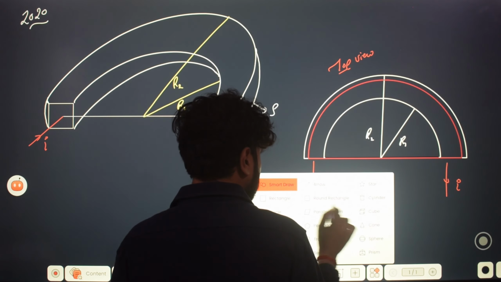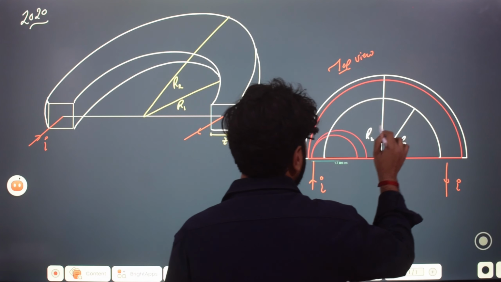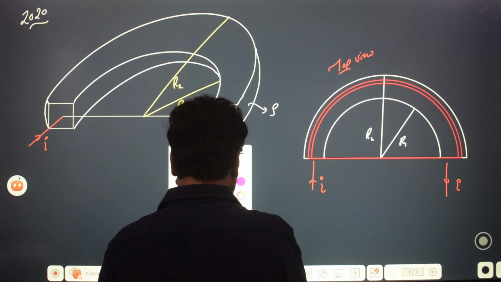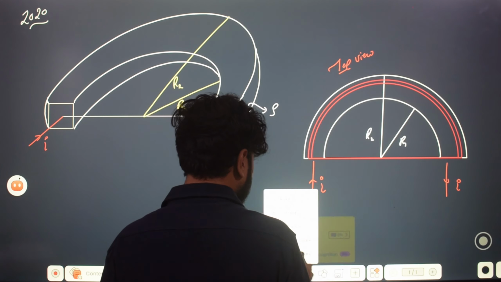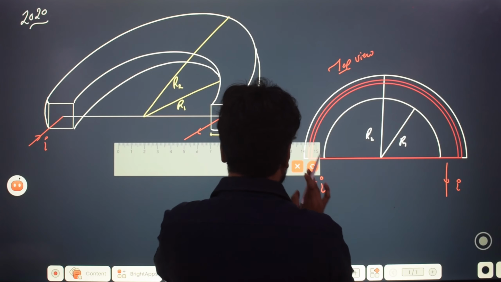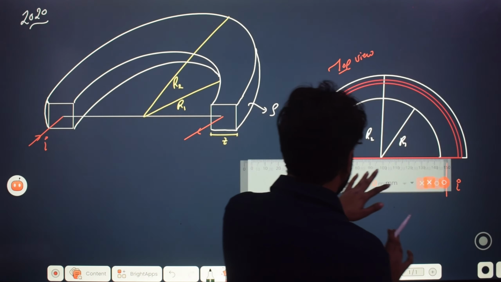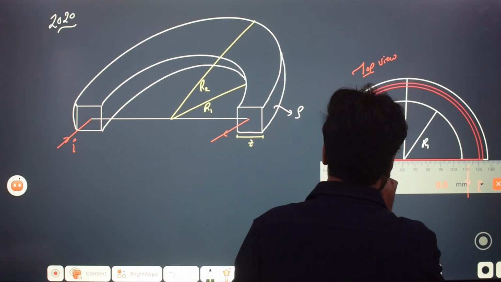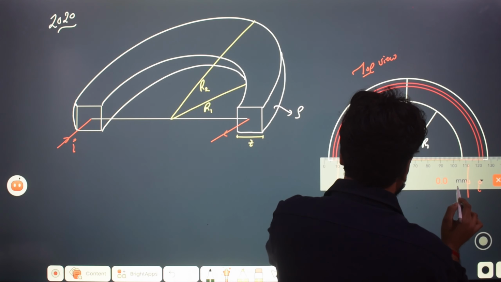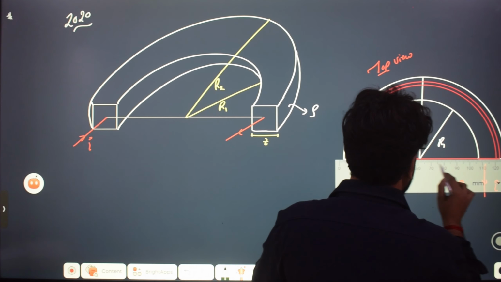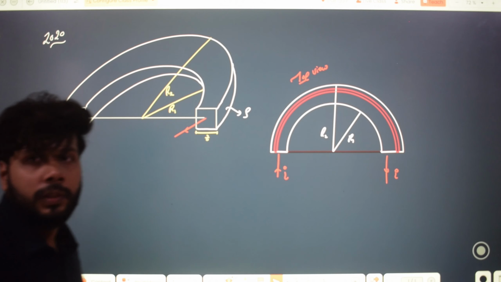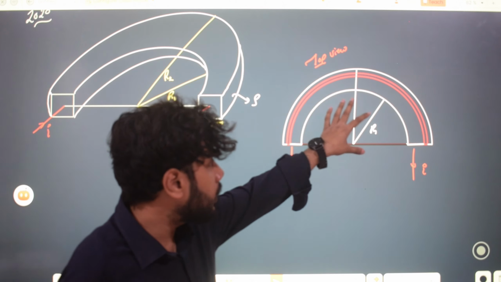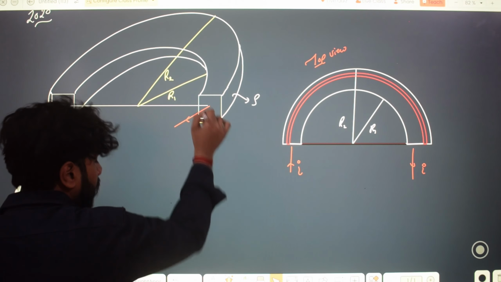Okay, somewhat better. So in this picture you can see we have taken an elementary piece of this conductor, and if you see how we are taking it, it is just like this.